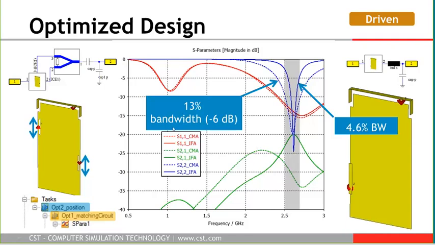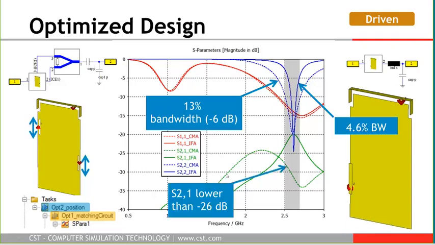So in this case we have slightly smaller bandwidth, so we have 13%, but still, if you compare in the gray region the inverted F antenna and this CMA design, you can see that the performance is much better for the CMA.